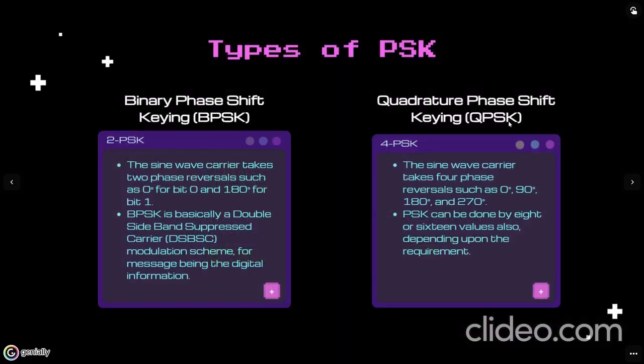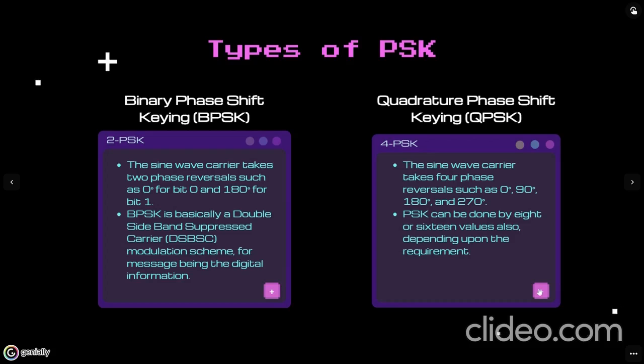And the next type is quadrature phase shift keying (QPSK), or we can call it 4PSK. The sine wave carrier takes four phase reversals such as 0 degrees, 90 degrees, 180 degrees, and 270 degrees. PSK can be done by 8 or 16 values also, depending upon the requirement.